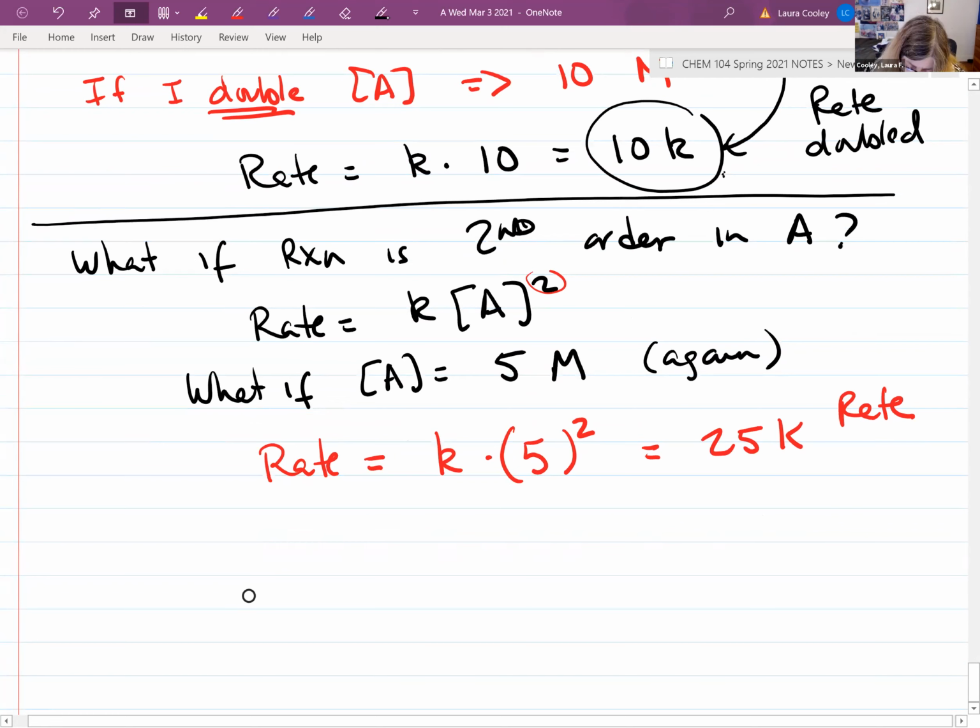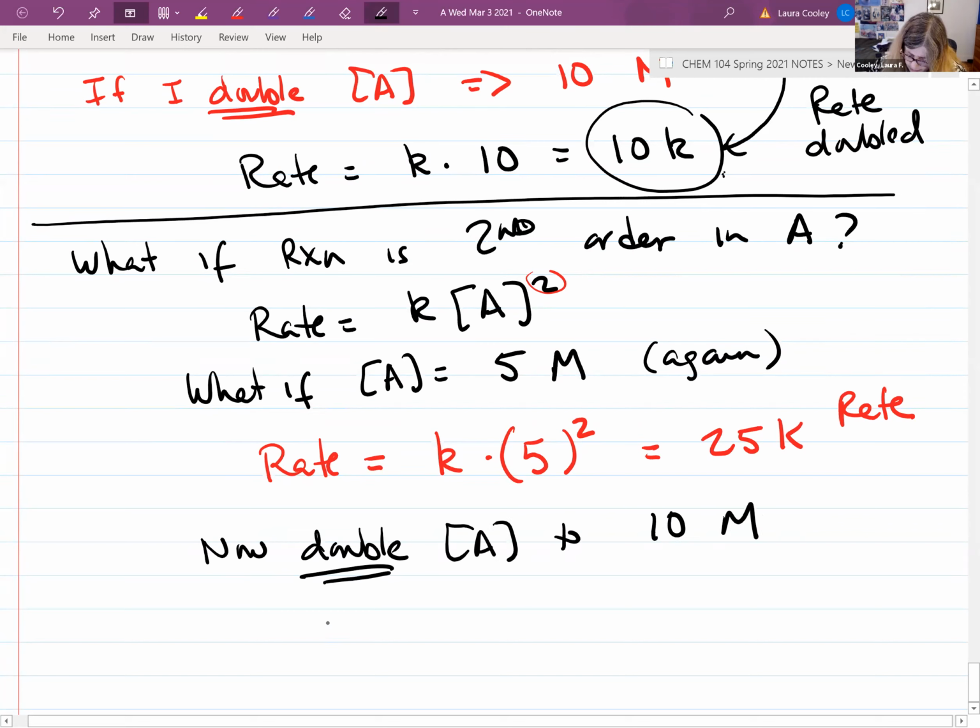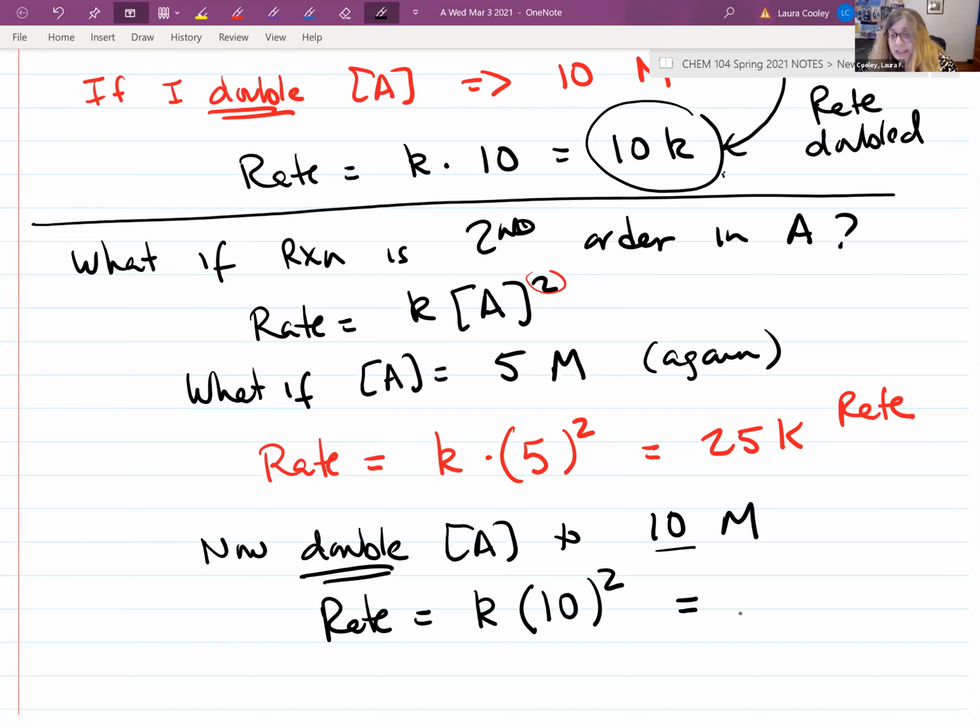So now, if you double the concentration of A to 10 molar, what is the rate? K times A squared. A is 10 squared. What's 10 squared? 100K, exactly.